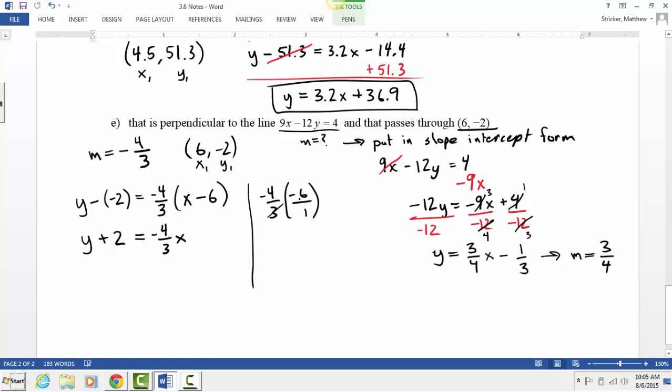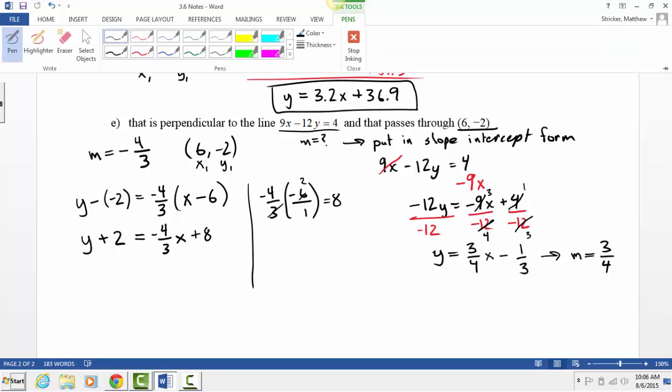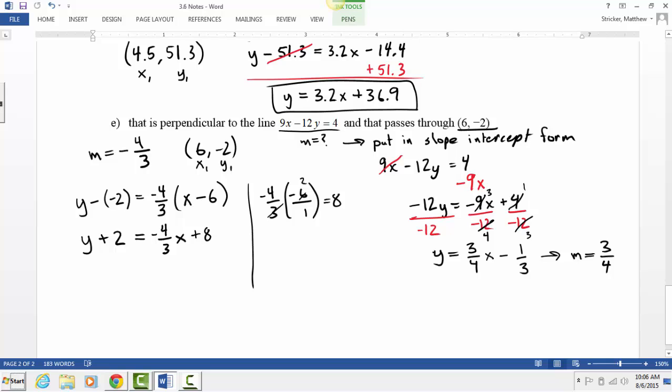Of course, 3 goes into 6 twice, so this is negative 4 times negative 2, which is positive 8. So this is plus 8, and now solving for y, move this positive 2 to the other side, it becomes a negative 2. And we're almost done. We get y equals negative 4/3 x plus 6.